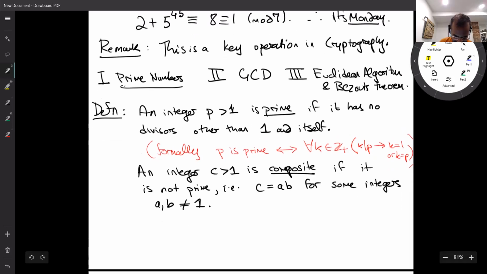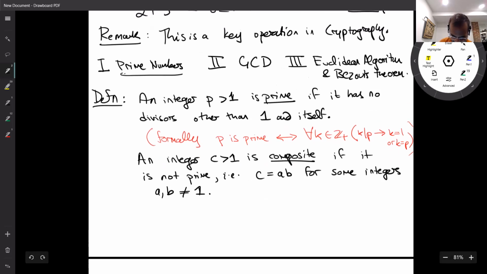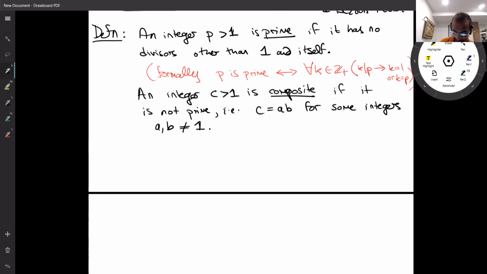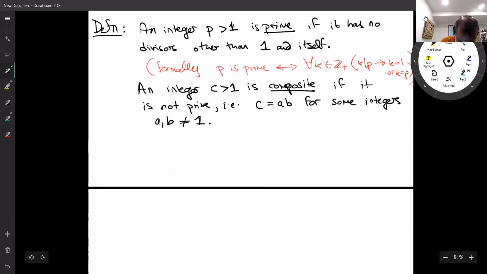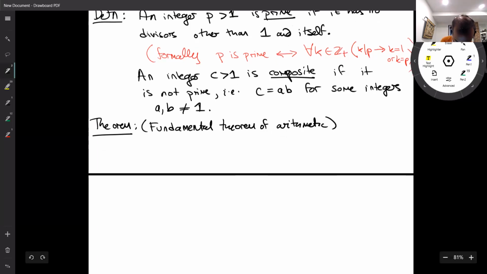Okay, the reason primes are really important is that they're the building blocks of all other numbers. And this is captured by a very important theorem called the fundamental theorem of arithmetic, which I'll write down now. The theorem says every number can be uniquely written as a product of prime numbers.